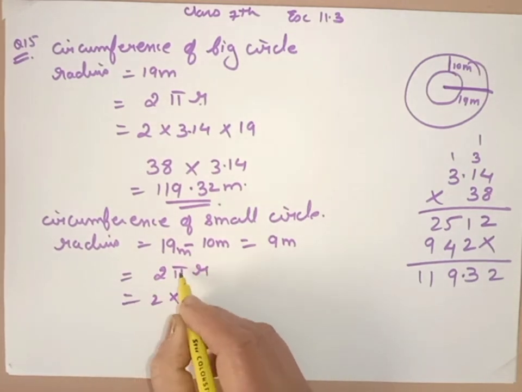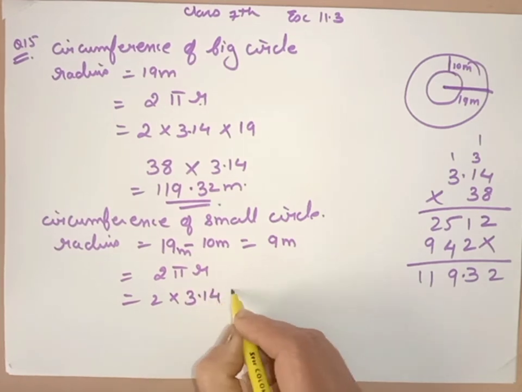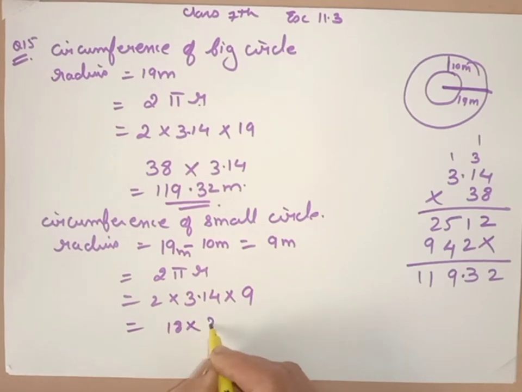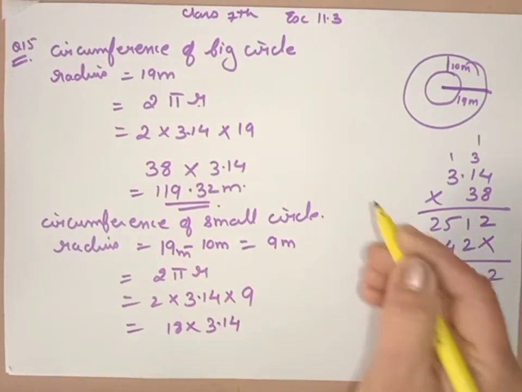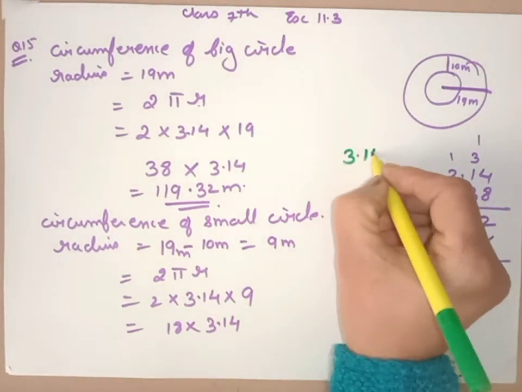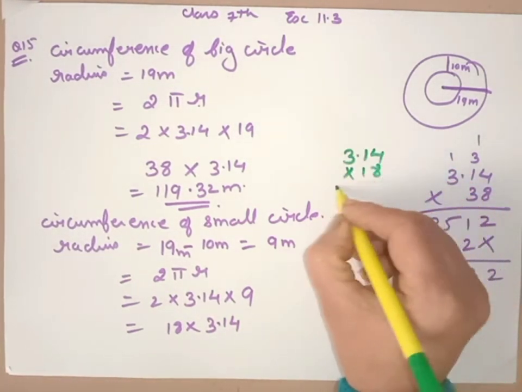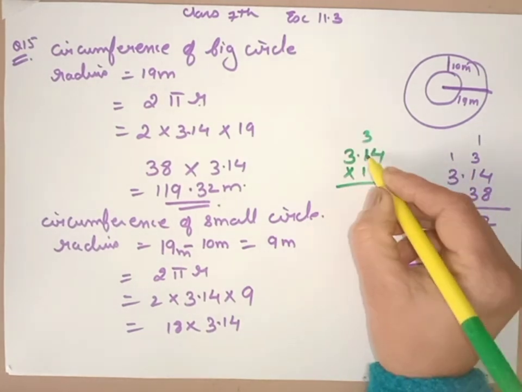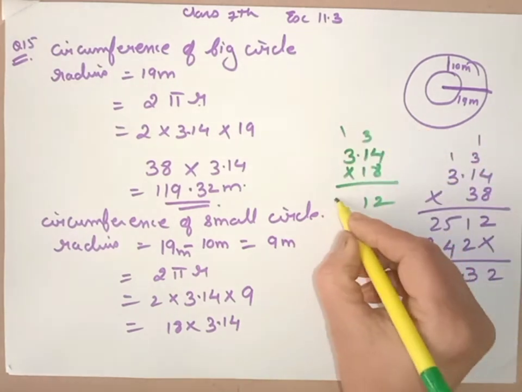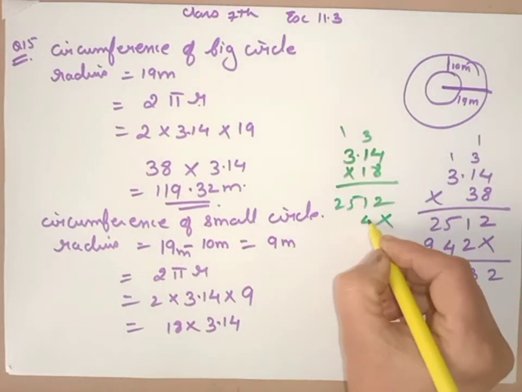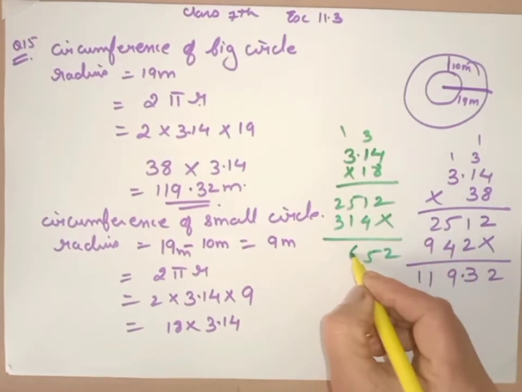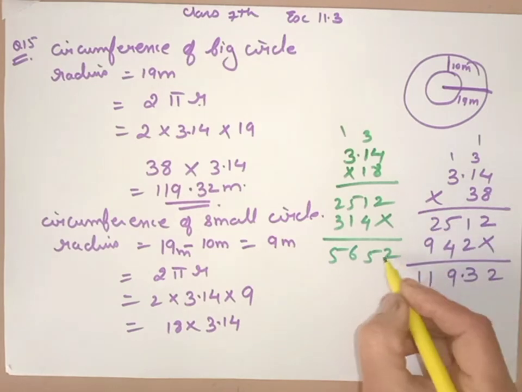2 into pi's value 3.14, multiplied by 9. 2 nines are 18, and multiply by 3.14. Again do the multiplication, 3.14 into 18. 8 fours are 32, 8 threes are 24, 25, 1 fours are 4, so 56.52 with decimal after 2 digits.